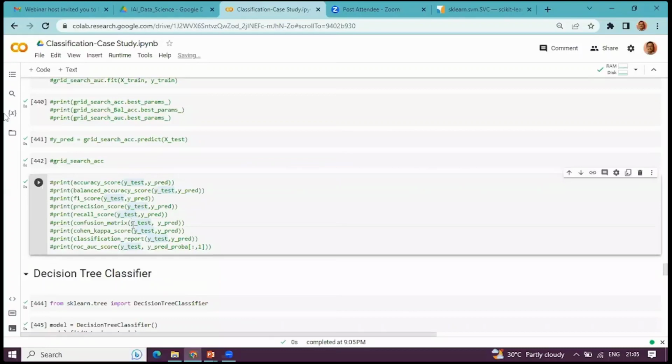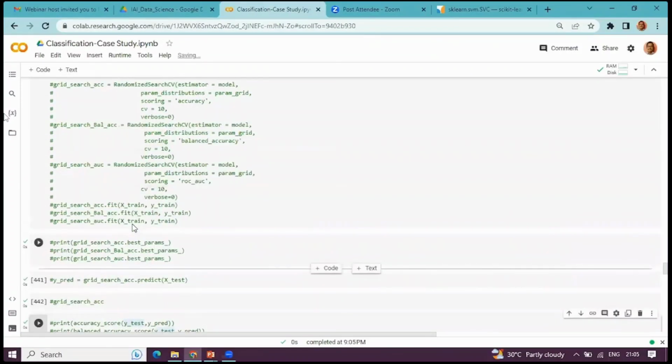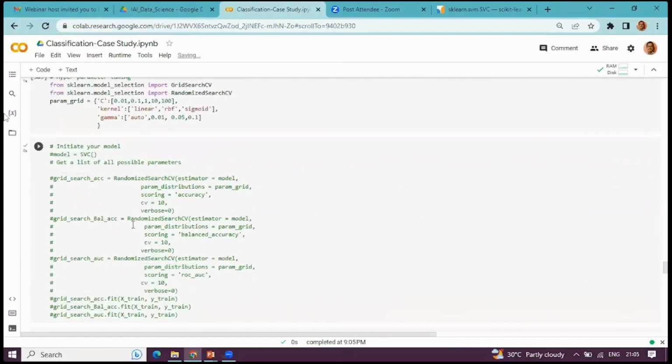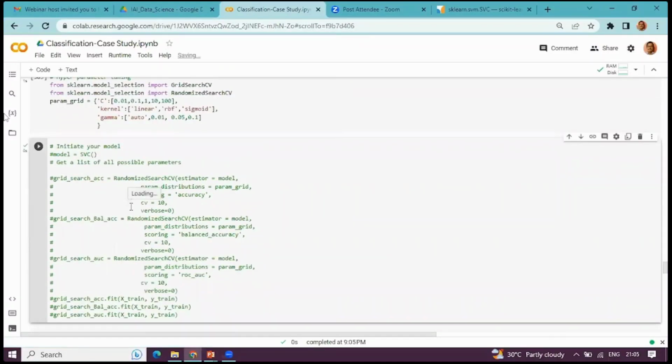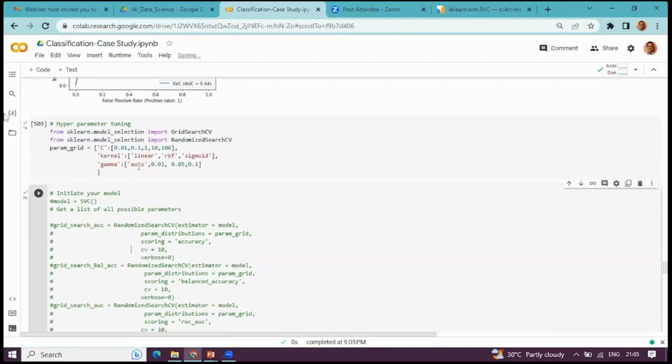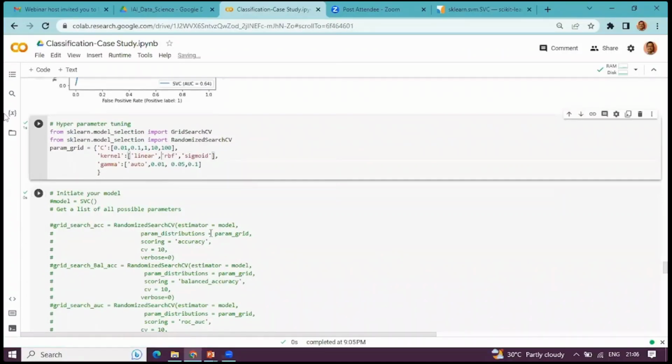So I want you to practice it. This will take a lot of time. Support vector machines take a good amount of time for execution, especially if it is not a linear kernel. If I go with a polynomial kernel, it will take a lot more time. That's the reason I have knocked out the polynomial kernel. But if I'm going with RBF or sigmoid, it will also take a significant amount of time.